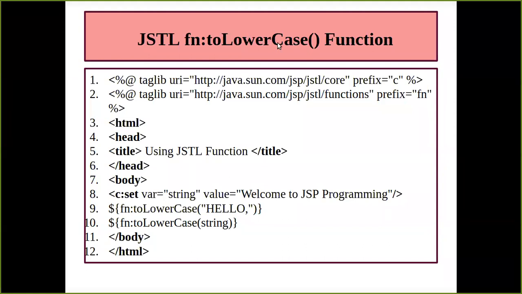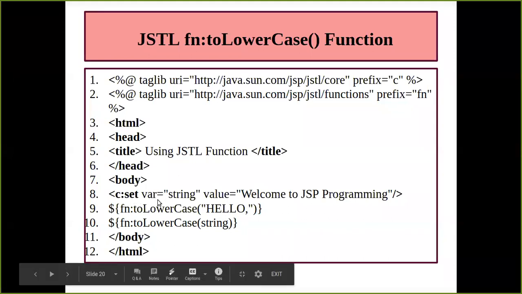I can simply write an expression language fn colon toLowerCase and pass the value which I want in lowercase. Another way is to use the set tag, have a variable with a value, and call that variable as a parameter to the toLowerCase function. I hope you have understood this.